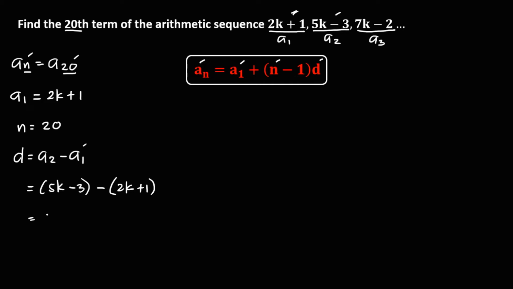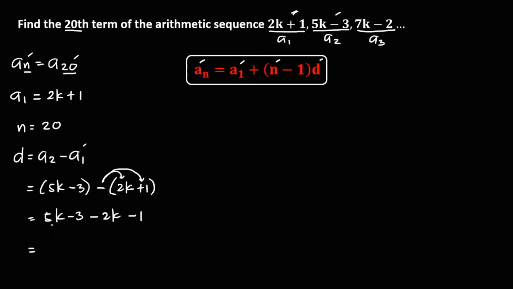Then to simplify, this one is 5k minus 3, then distribute this negative, so this positive 2k becomes negative 2k, and this positive 1 becomes negative 1.